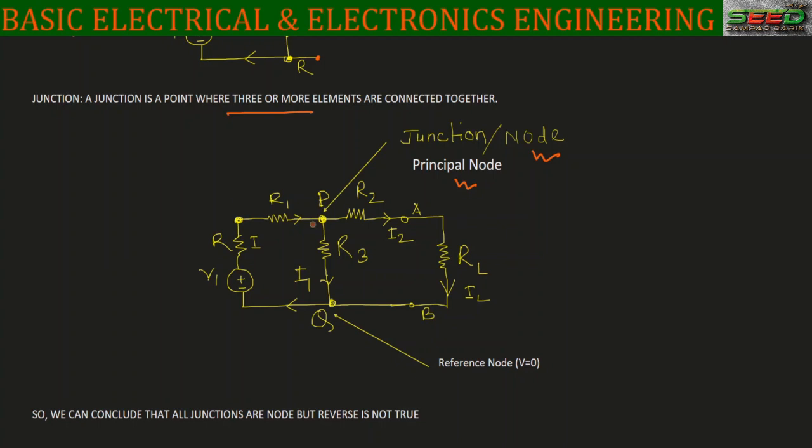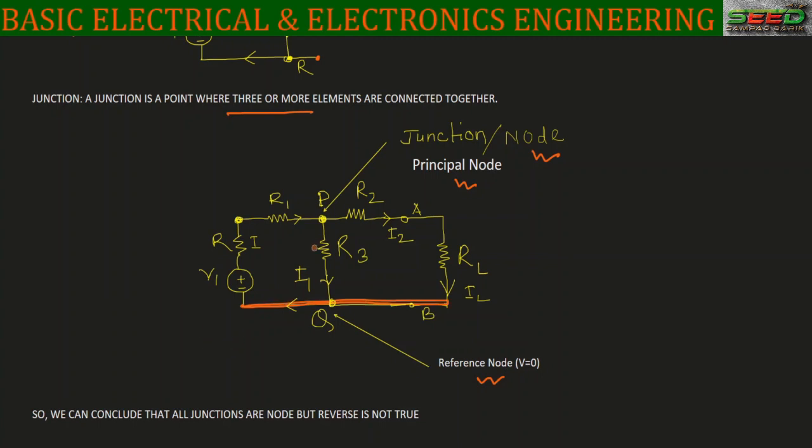And in nodal analysis you have to choose a reference node whose voltage is 0. So here this entire line is considered as a reference node, where the negative terminal of a battery is connected throughout the line.